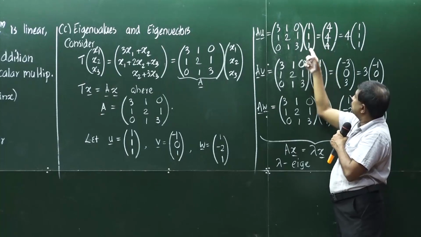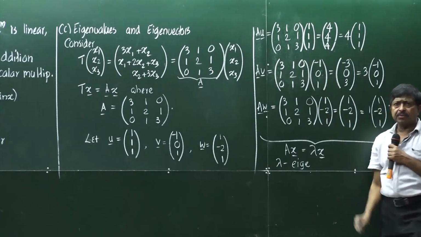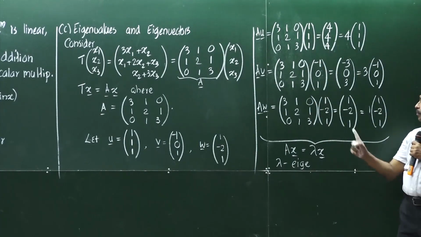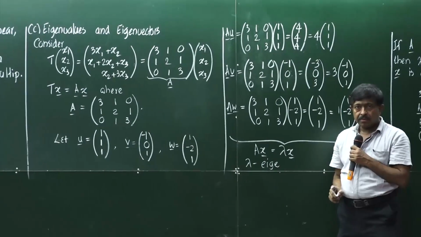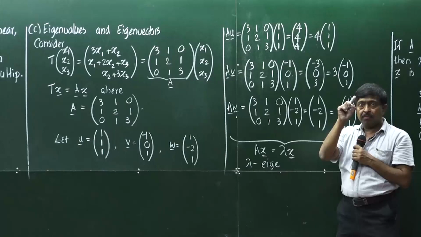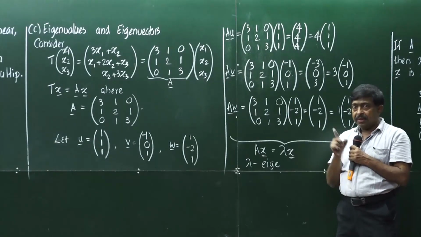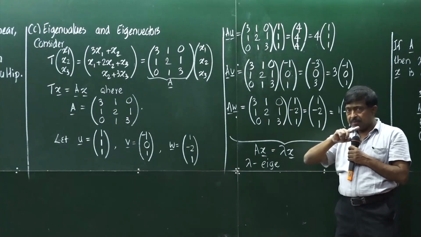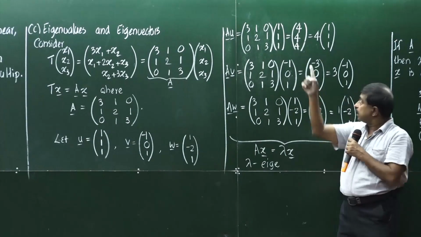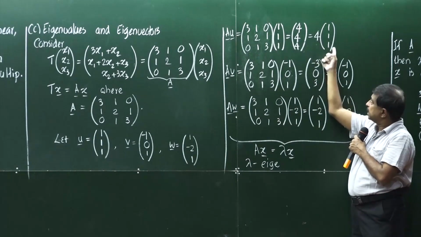If you take 1, 1, 2, for example, you get some other vector, weird vector. But here, their directions are not changed, right? But their length is multiplied. That's all what happened. Directions were not rotated, but their magnitudes are changed.